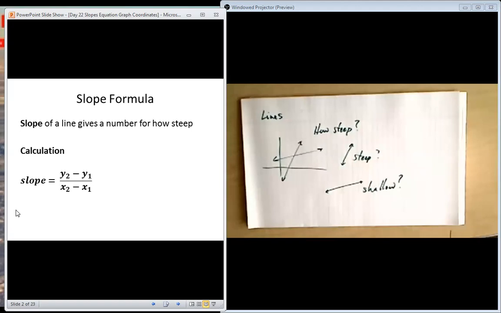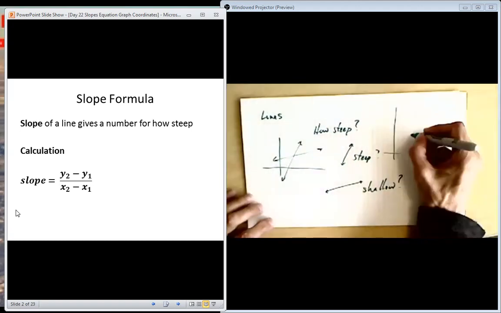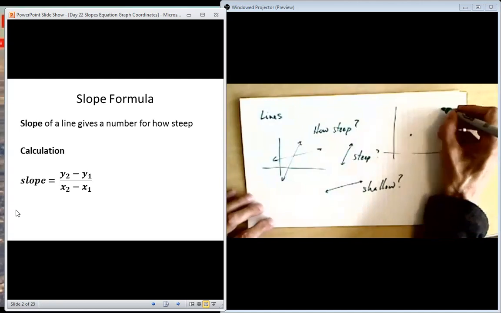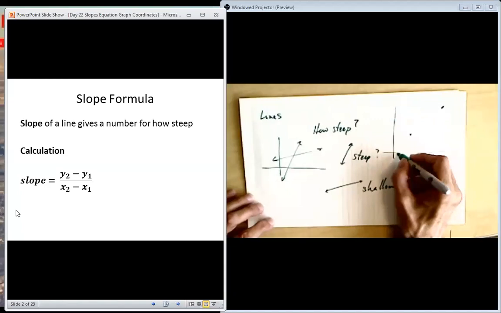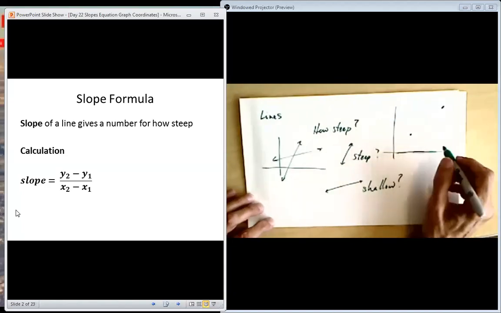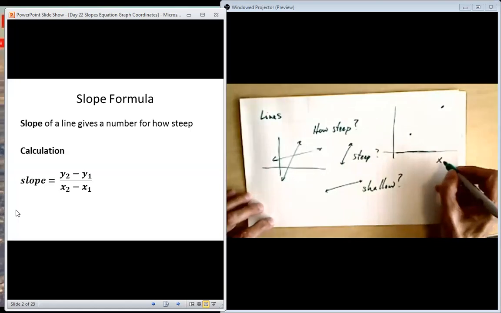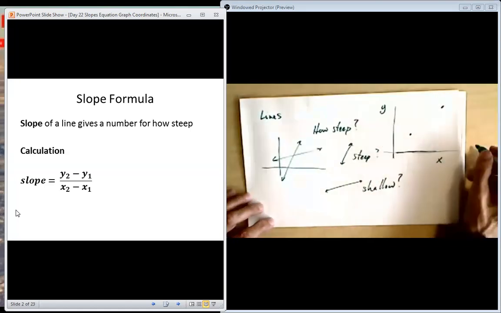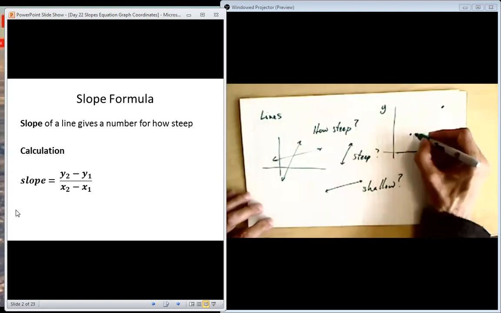What happens is there's usually going to be 2 points. Everyone's okay with the x value going left and right? Y value going up and down? Okay, so this could be point 1.